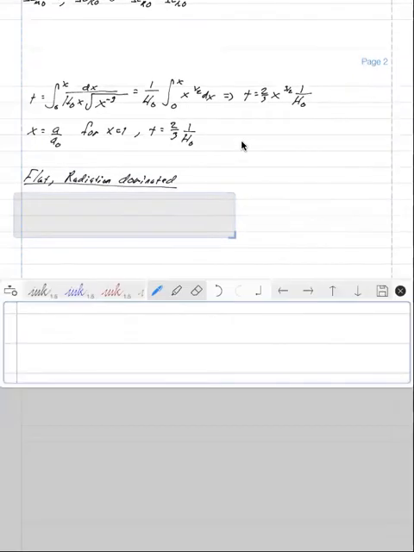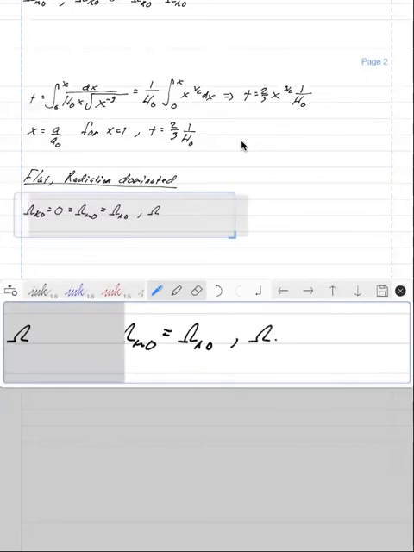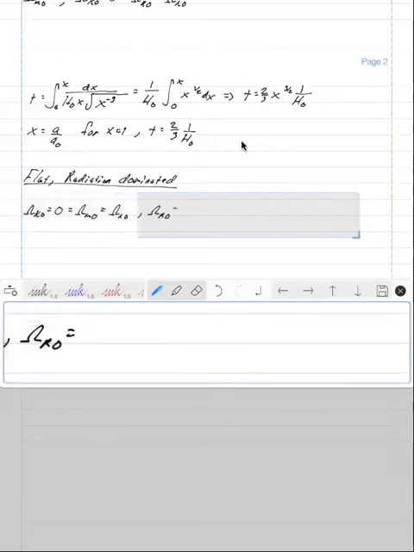So it's flat, which means omega k0 is equal to 0. We're dominated by the radiation, so everything else is 0 except for the radiation. Let me explicitly write that down: these are 0, and then omega r0 is equal to 1.